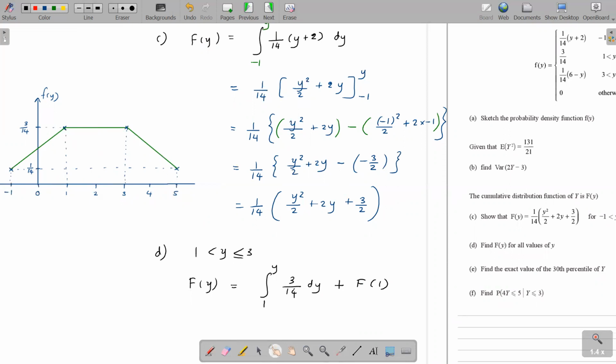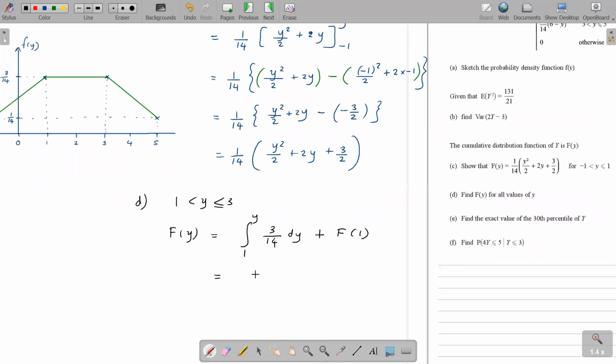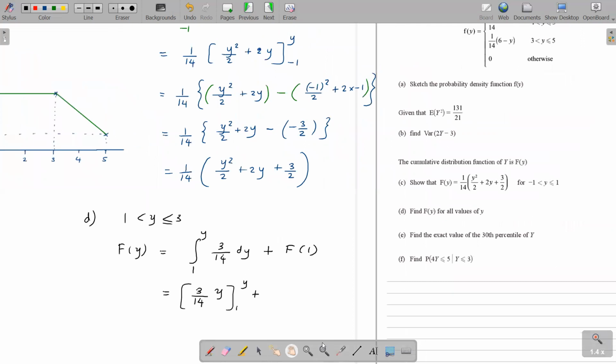Are you with me? So how much is this when we integrate? 3/14 integrated with respect to y is 3/14 y, right? Your limits are from 1 to y. And capital F(1), can you all simplify? 1/14 times 1 square over 2 is 1, 2 times 1 is 2, plus 3/2.